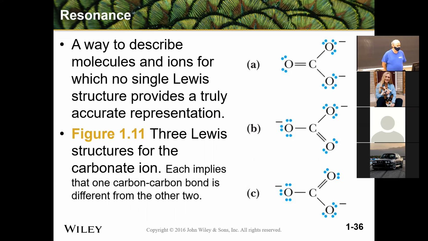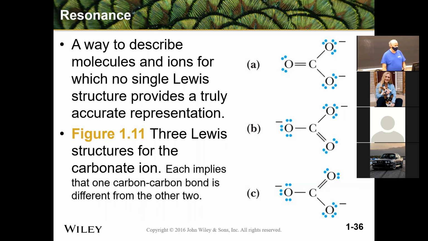I'm going to have a couple questions about resonance. Next week, my plan is to give you a quiz about resonance, and I want to give you the opportunity to complete Chapter 2 of Pushing Electrons. This is a difficult concept, but it's also something that we're going to be using throughout the rest of the course.